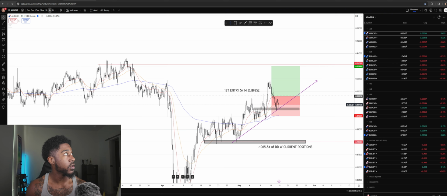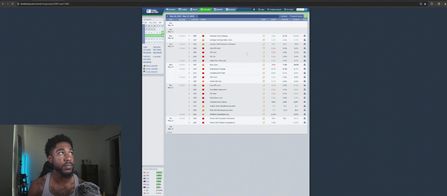So if I go here to forexfactory.com, I can see the Australian dollar has been looking pretty strong. We got some better than expected wage growth. We got much better than expected employment change. We have a steady unemployment rate still staying low.